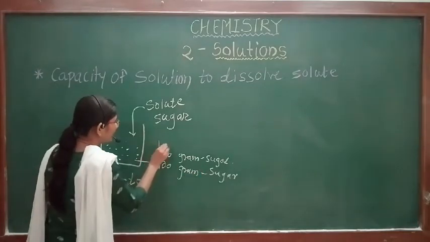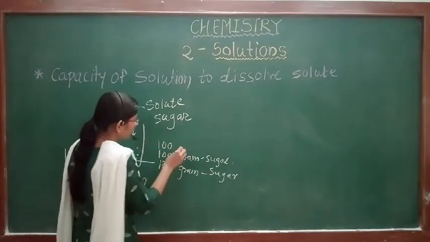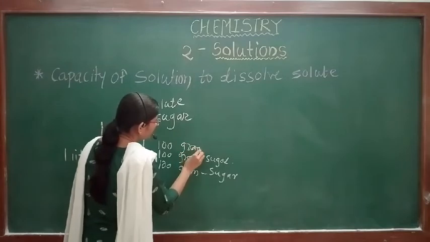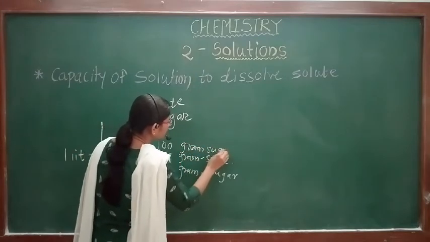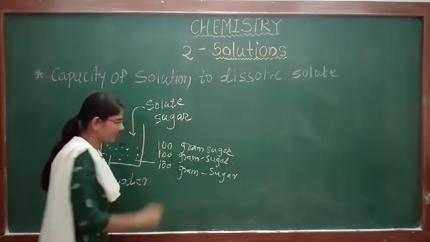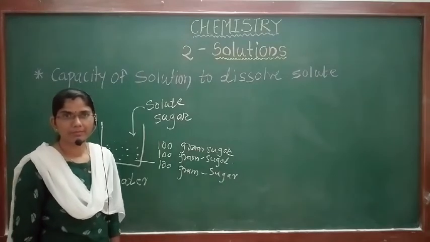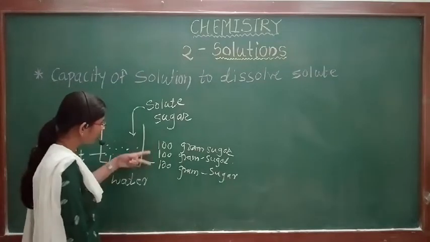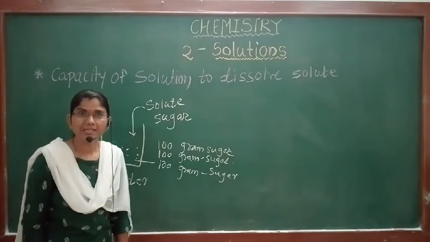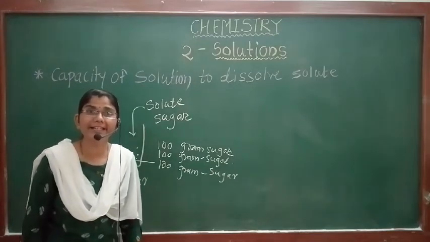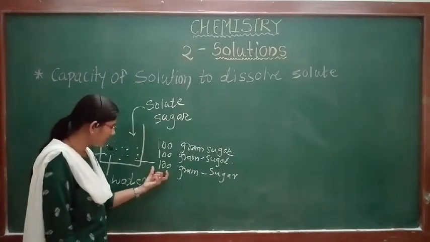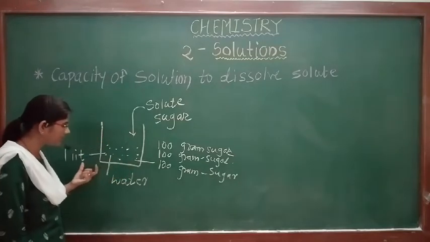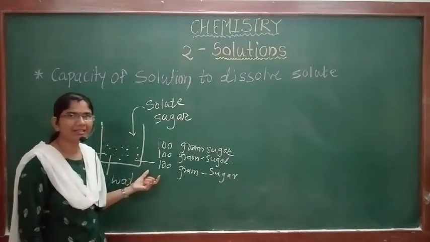Again we add 100 gram of sugar. The total amount of sugar is equal to 300 gram. Firstly, we add 100 gram of sugar in this 1 liter water, and it dissolves easily.